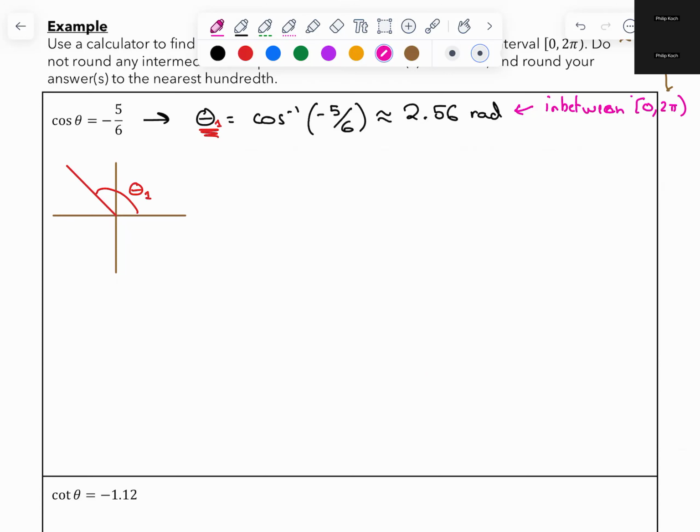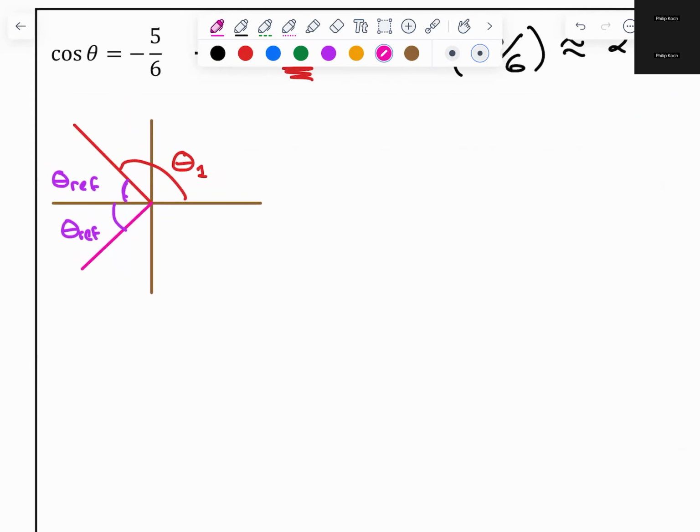We'll call it theta sub 1. We also have to have this one right here that has the same reference angle. We'll call this theta sub reference. And that's also theta sub reference. It's getting a little bit busy, but this right here, that is theta sub 2.